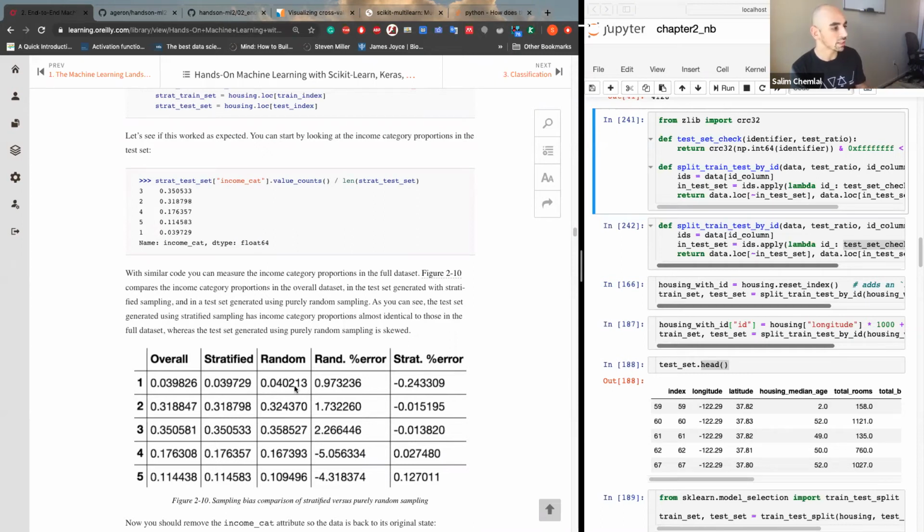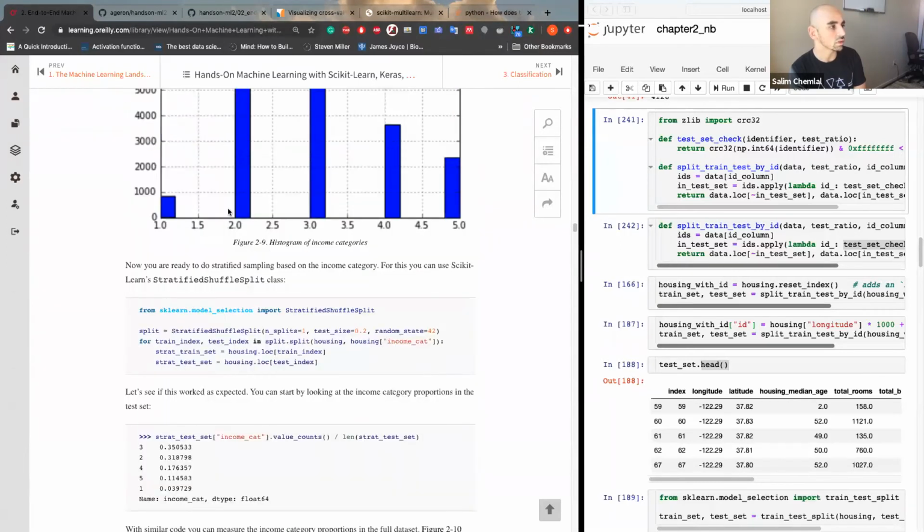What he's showing is that if we use random sampling versus stratified sampling, the random sampling is more off than the stratified versus the overall. So 35% of the instances are label 3, 31% are label 2, and that's what we saw from here.